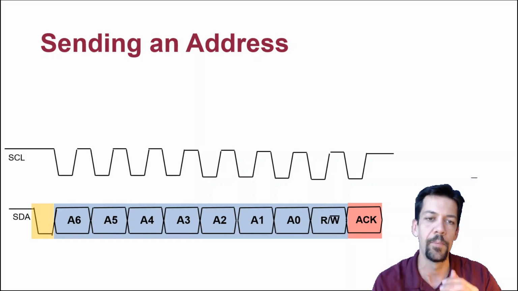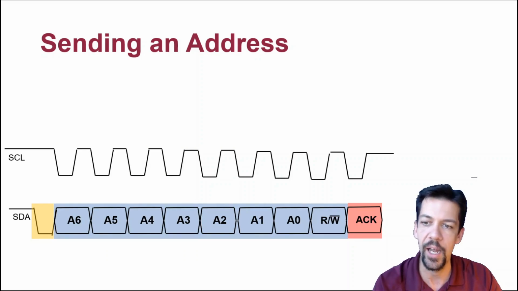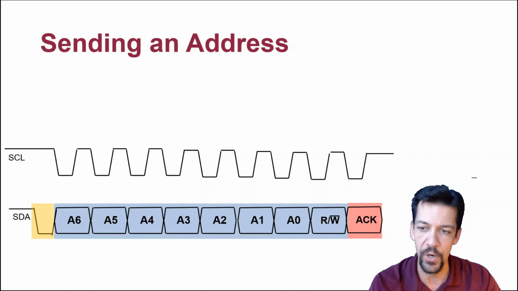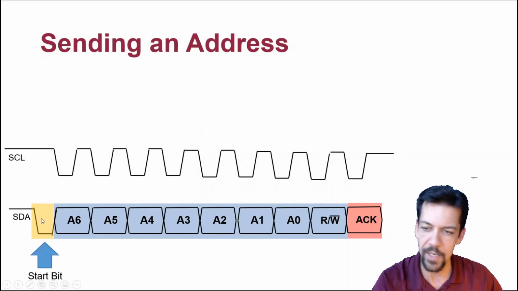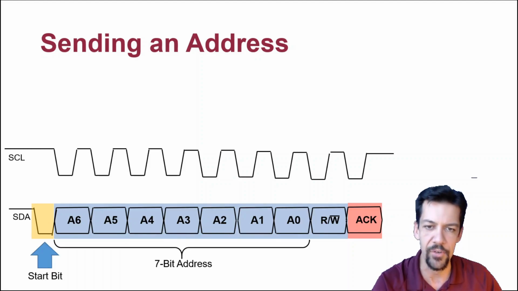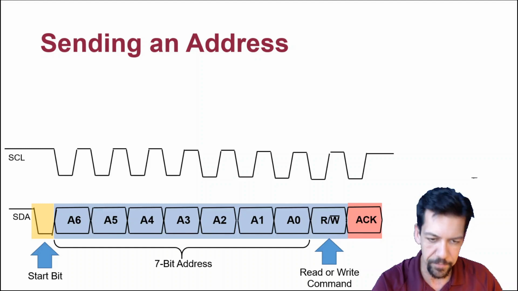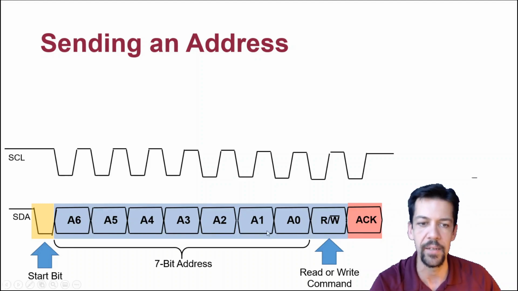Once we have that set up, the way that these devices typically work is we always have to send an address to the receiving device first. So we will start with a start bit, our start bit here. Then we'll send 7 bits of an address followed by a read or a write bit.